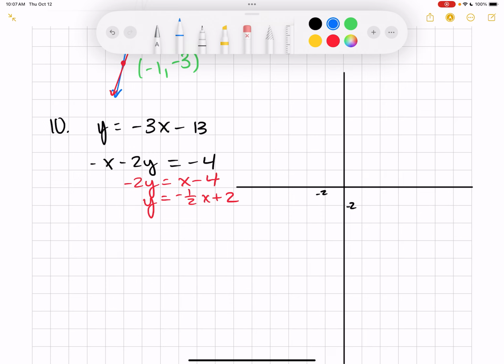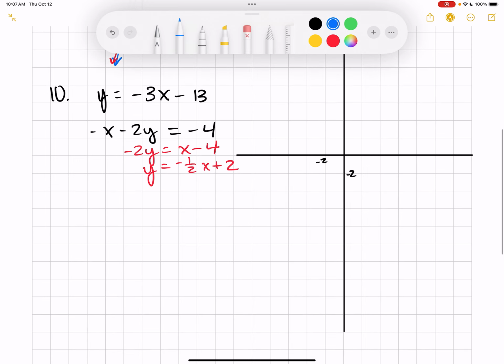All right, so the first one, intercept at negative 13. And then I can go down 3, right 1, or I can go up 3, back 1. Only because I've done this problem before, I know that I'm going to need to go way up here, so I'm going to keep going.